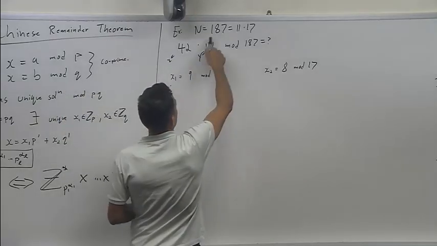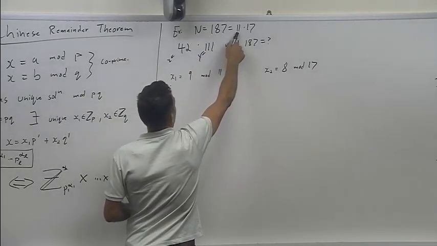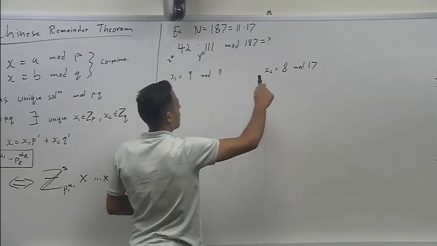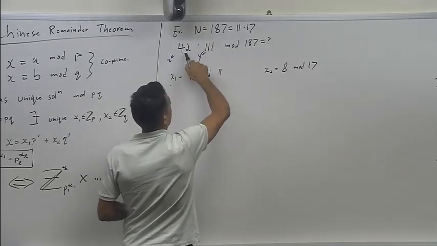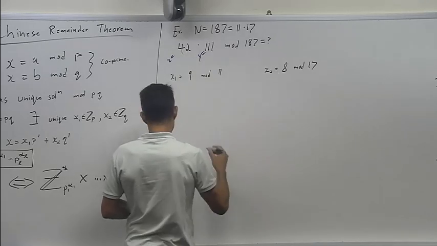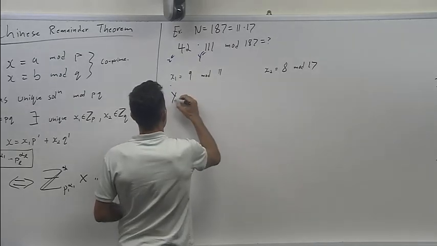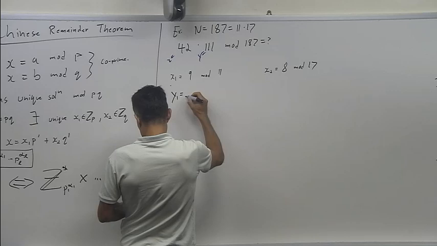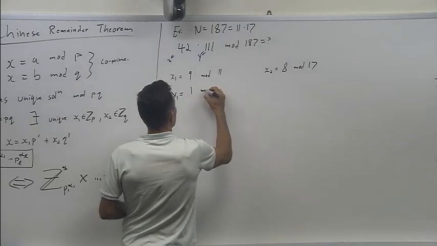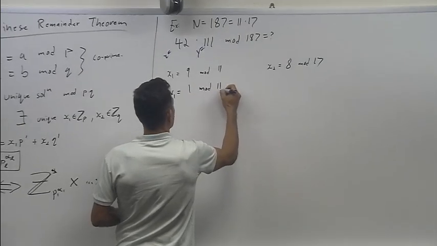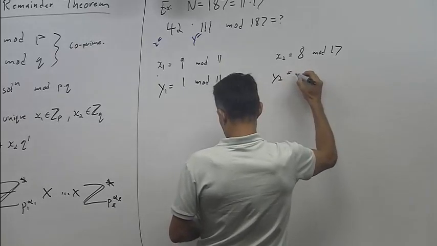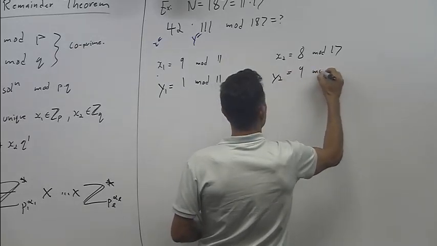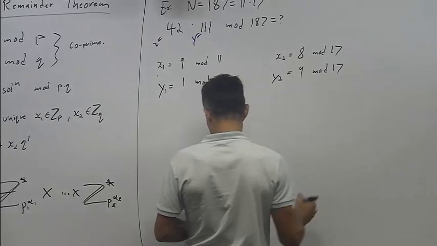Just take 42 mod 11, you should get 9. If I haven't screwed this up, take 42 mod 17, you should get 8. And we'll do the same thing with Y. And what we should get is 1 mod 11 and 17.